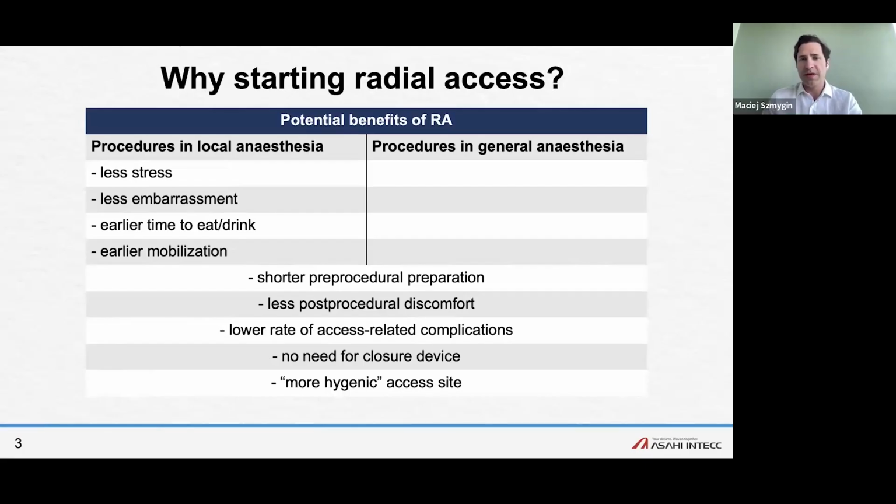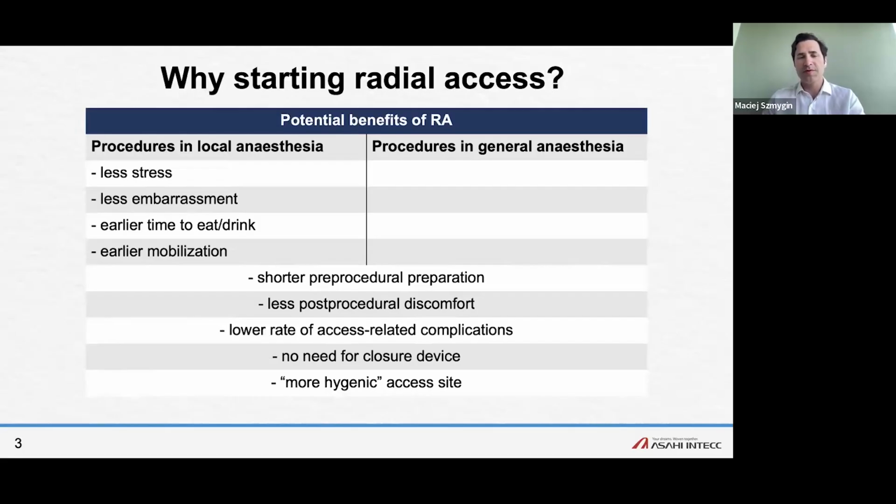There are also a lot of benefits in general anesthesia. It's a shorter pre-procedural preparation because we don't have to scrub the whole groin area. There is less post-procedural discomfort. Even if we don't have any complication in the groin area, patients still quite often feel this area. There is a lower rate of access-related complications, and it has been published.